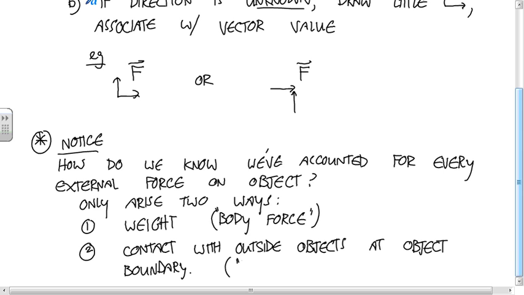In this class, you can always treat the weight as a point force. And remember that you can treat the weight, or any distributed load, as a point force once you've chosen what to isolate.